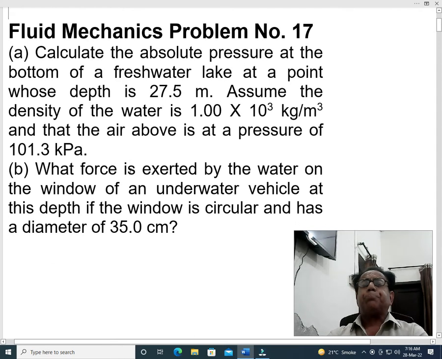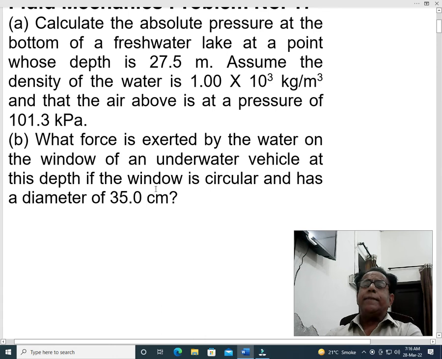What force is exerted by the water on the window of an underwater vehicle at this depth if the window is circular and has a diameter of 35.0 centimeter? Dear students, what we will have to do here, diameter is given, but as per formula for calculation of area, we are concerned with radius.